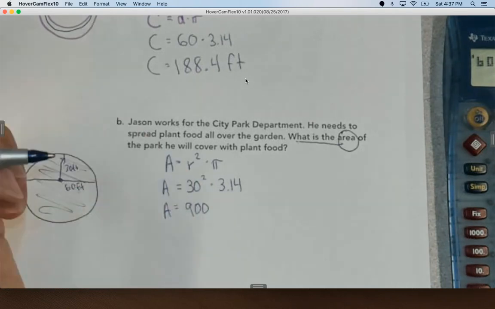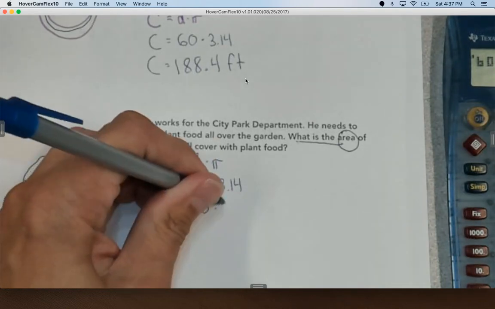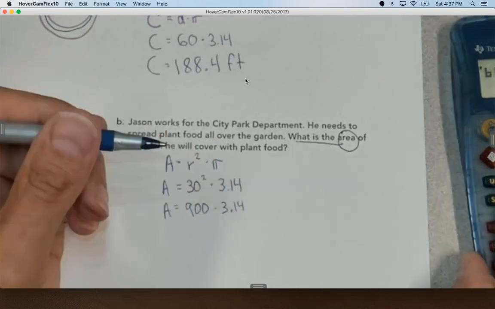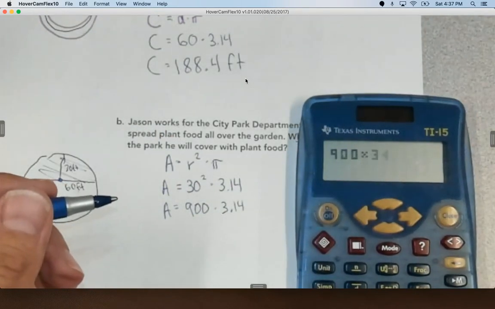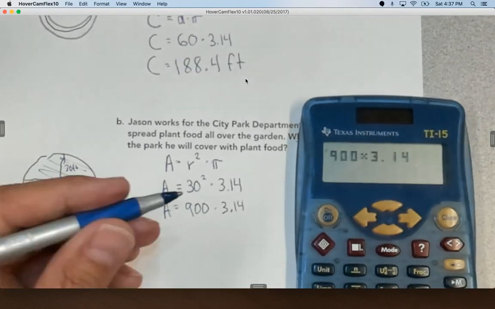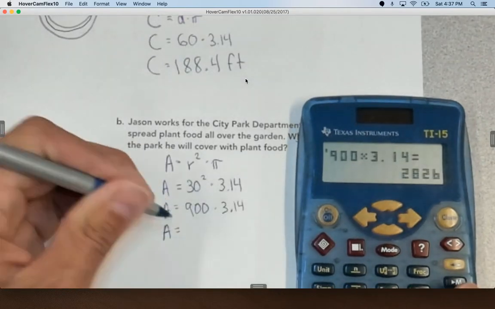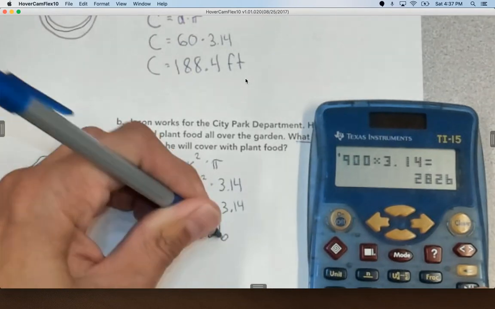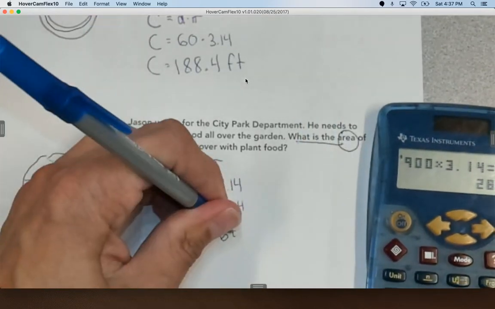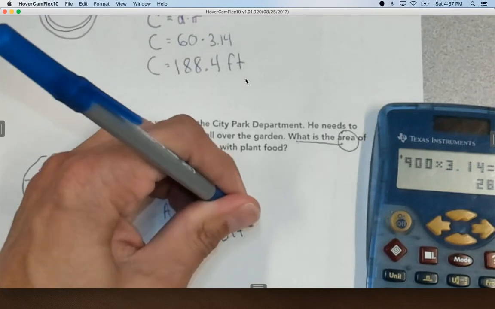Type it in here. 900 times 3.14. And I get 2,826 feet squared is how much land he needs to cover with the plant food.